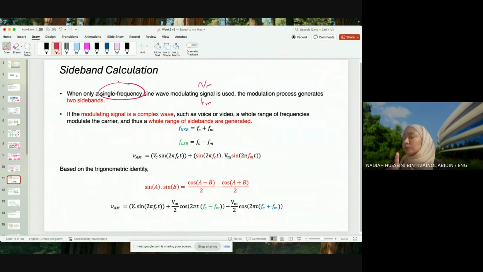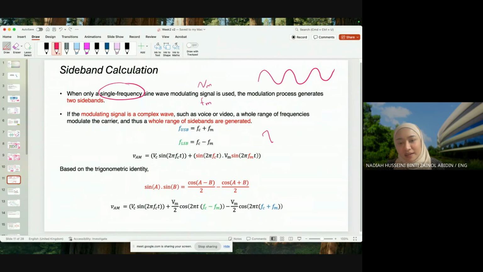Having one frequency is the best because it's easy. But when it is a complex wave, it means that we have a bunch of frequencies making up the modulating signal. Instead of a very nice, basic wave, we have something that is not supposed to look like that.